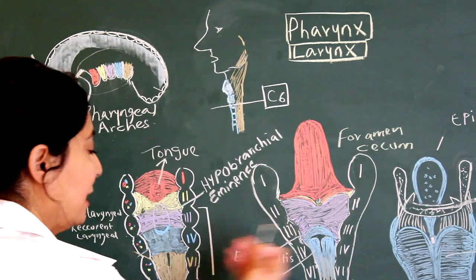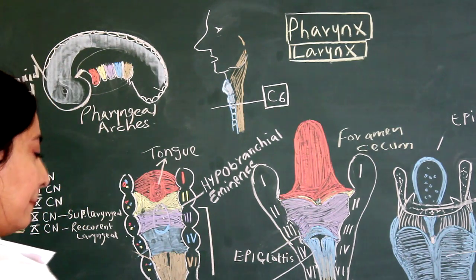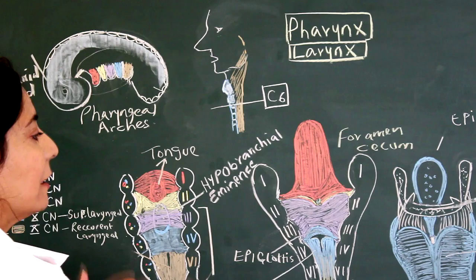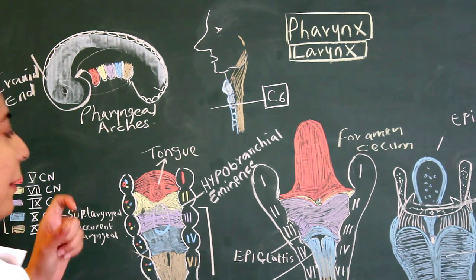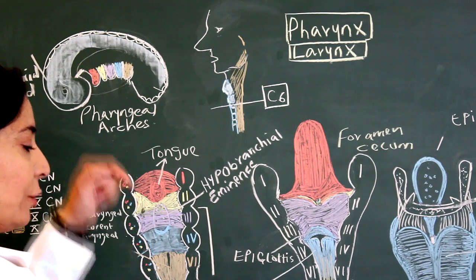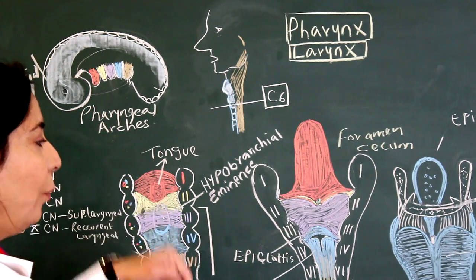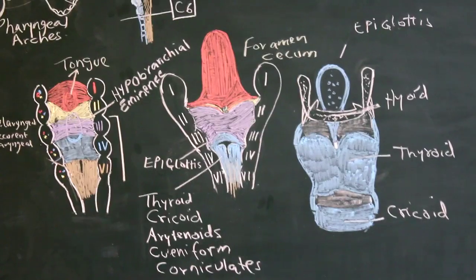We call the laryngeal inlet the glottis. If you do a laryngoscopy and peep into the laryngeal opening, you will find this T shape.